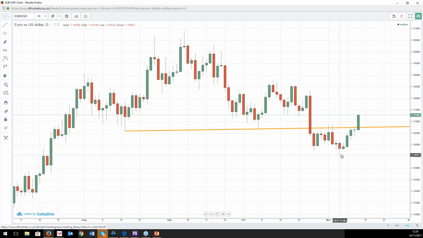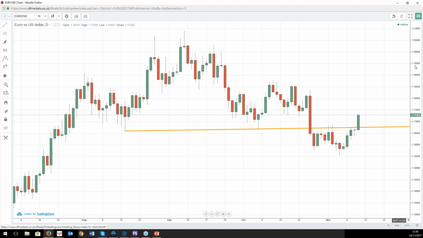Now, the reason I'm showing you this is because right now, today, we've broken back above 116.70 and those highs there at 116.85, and we are currently negating this signal. This rally is saying that the sell signal it gave us has now been negated.